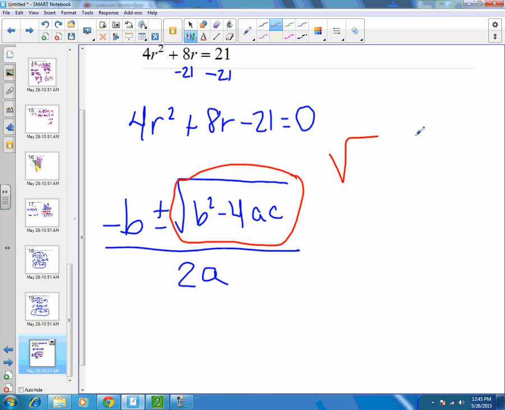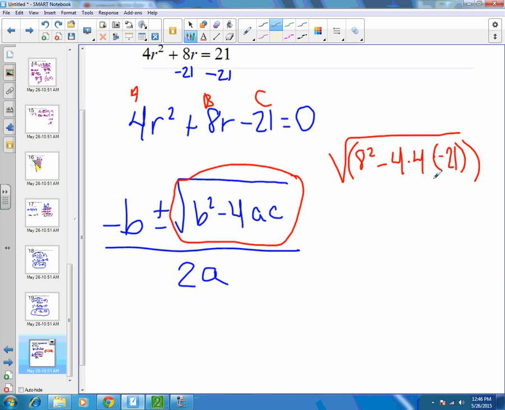So if I do the square root of b squared, I'm just going to label, we have a here, this is b, and this is c. So we have 8 squared minus 4 times a, which is 4, times c, which is negative 21. I just want to put that in parentheses. Now, if you're plugging this whole thing in your calculator, make sure you get a parenthesis around the front and the back of the square root.